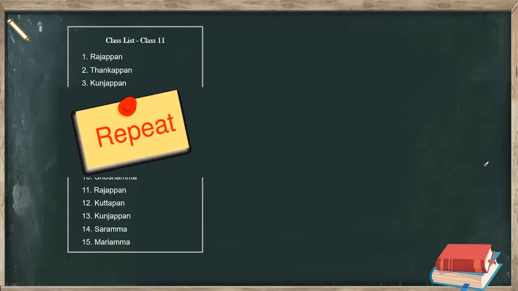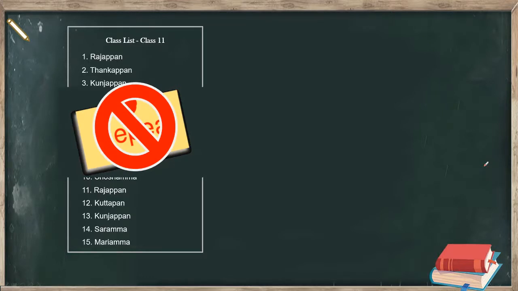So now I want to introduce you to another concept in sets, the concept of no repetition. When you do the union operation on two or three or however many sets, one thing you should always make sure is that you do not repeat the elements, because every element in a set has a unique identity. You cannot repeat it.